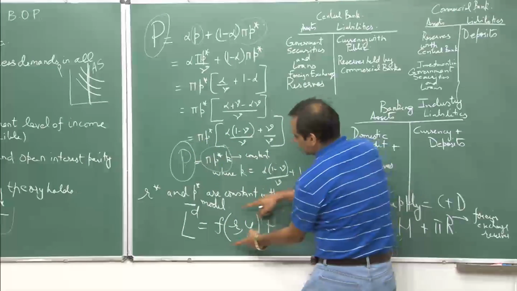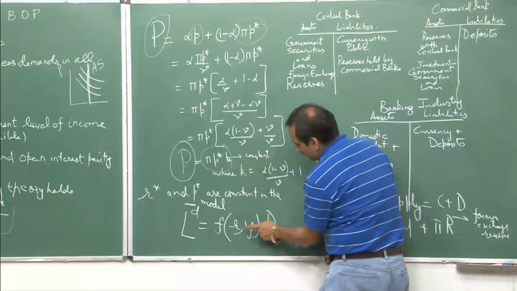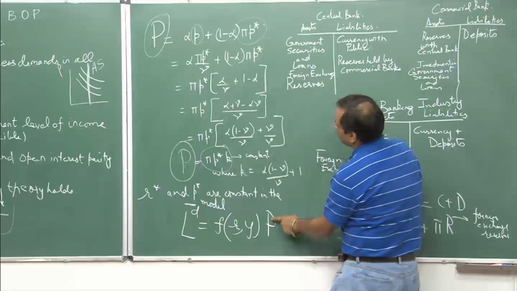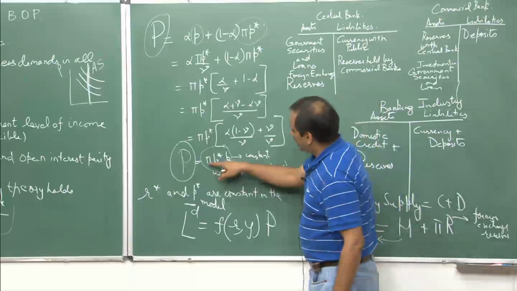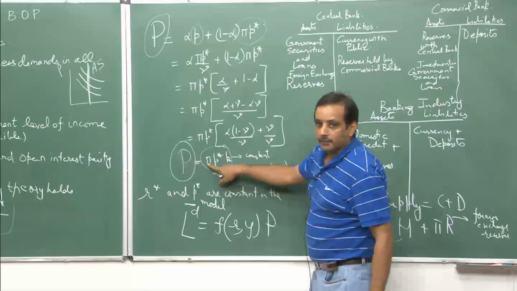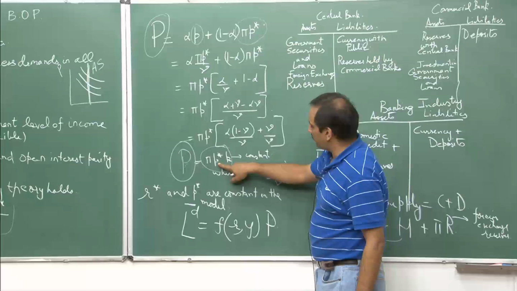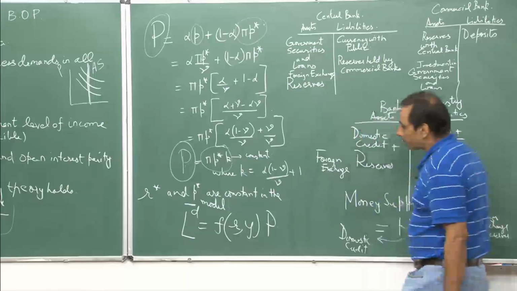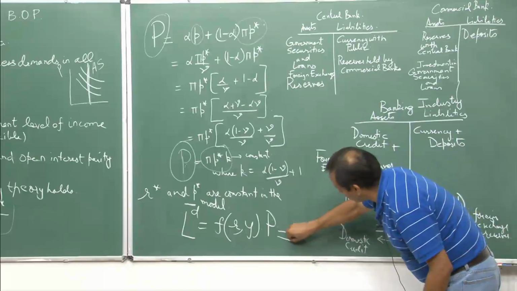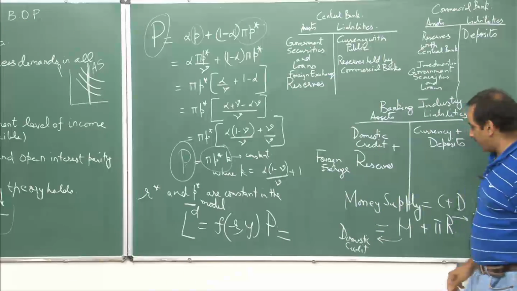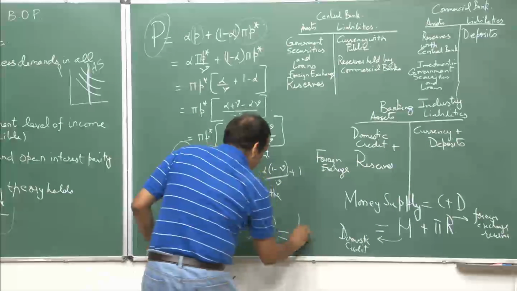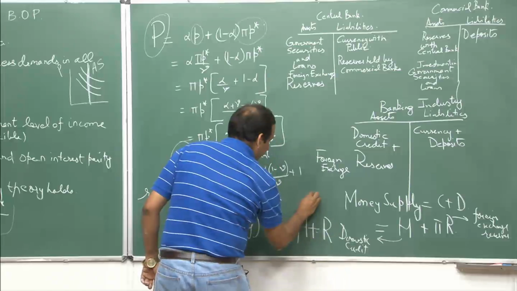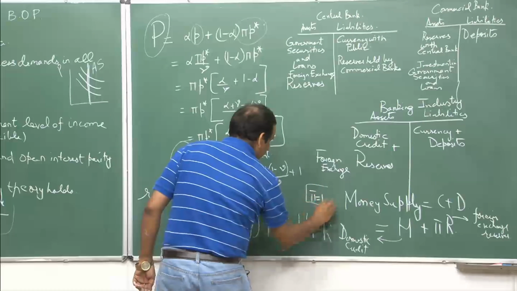So, this is the money demand, which is fixed, this is at full employment level, this is a function of exchange rate, which is a fixed exchange rate. P star we assume to be constant, this is K. So, money demand in equilibrium is equal to the money supply, which is H plus say R if pi is assumed to be 1.